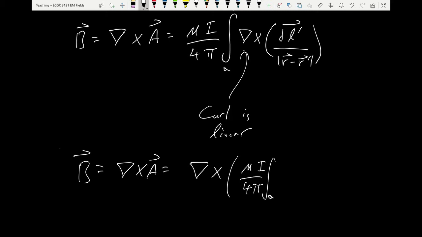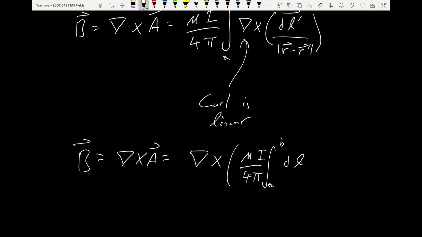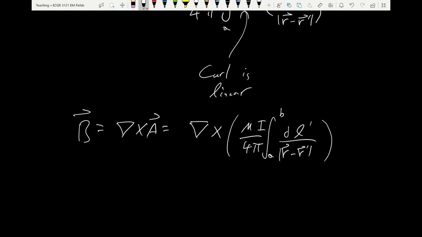This is due to the linearity of the curl. If you have something linear and you have a sum, you can take the sum inside. So this equals curl of the sum. And an integral is just a sum with an infinite number of components. All right, now we have a direct correspondence.